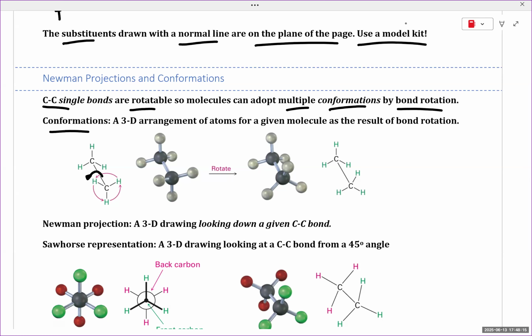What is a conformation? It's a 3D arrangement of atoms for a given molecule as the result of bond rotation. So for example, if we have a carbon-carbon bond and we rotate that carbon-carbon bond, we can in turn access a different conformation with a different arrangement of atoms in three-dimensional space.